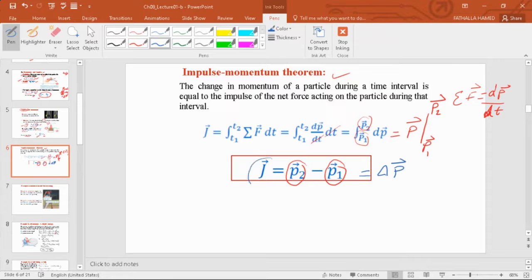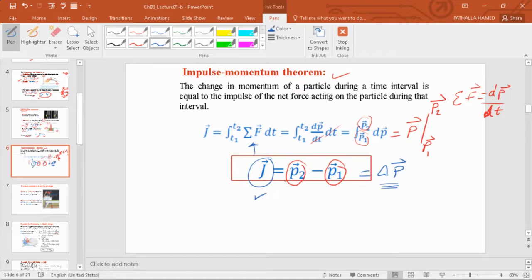So the impulse here, which we define as the product of the force on the particle over the time interval where the force is exerted on the particle, equals the change in the momentum of the particle, meaning the initial momentum when the particle gets in contact and the final momentum when the particle gets out of contact.